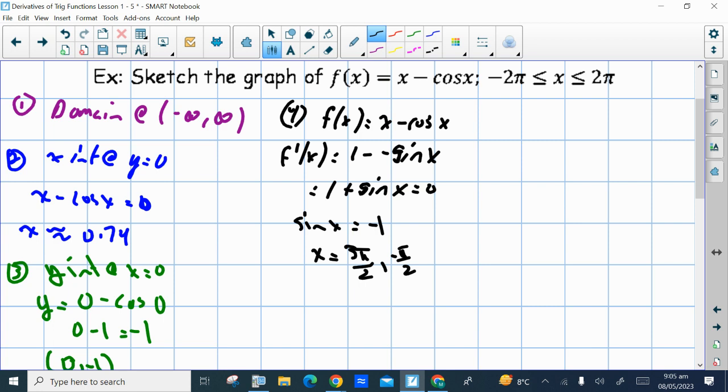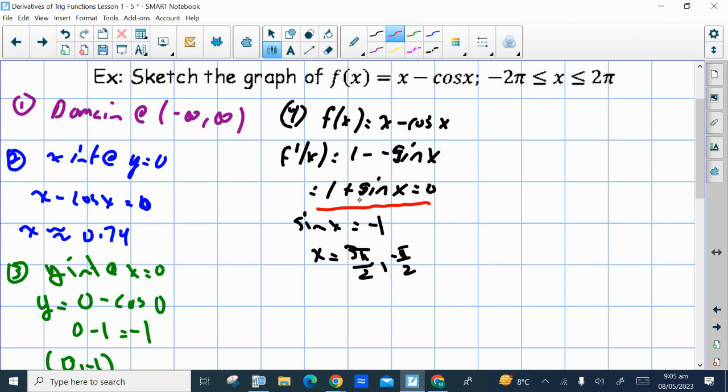However, let's look back at the expression. We want to know where 1 plus sine x is equal to 0. Because this tells us where our critical numbers are. However, remember the graph of sine x goes up to 1 and down to negative 1. This plus 1, if we put it on the end instead of at the start, means the graph is shifted up 1 unit, which means that this graph is never negative.